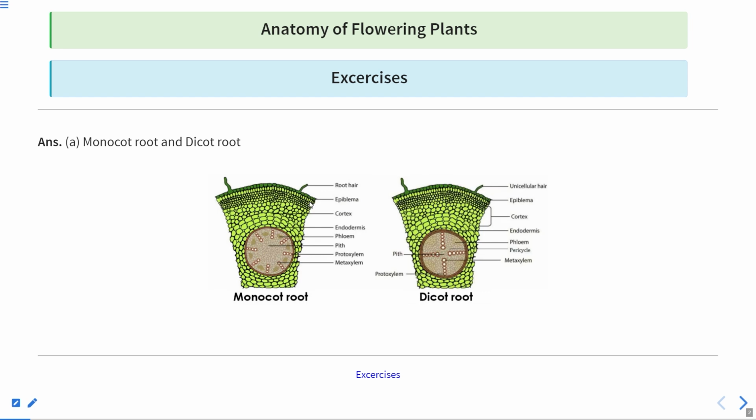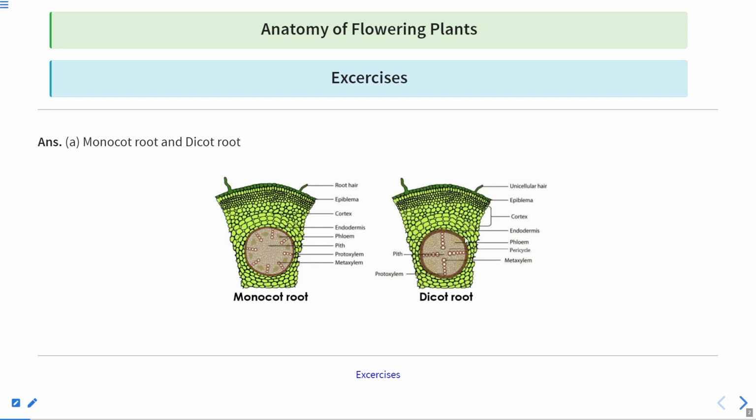Now, just below this, you can see the hypodermis. Here the cells are very compact in both the cases, right? And then you can see the other thing, that is the cortex region. So there is a cortex region, okay? And below the cortex, there are endodermis cells.